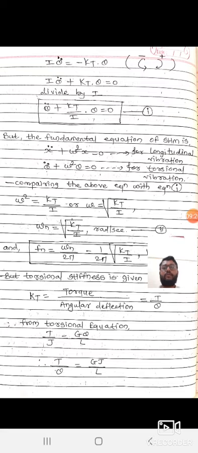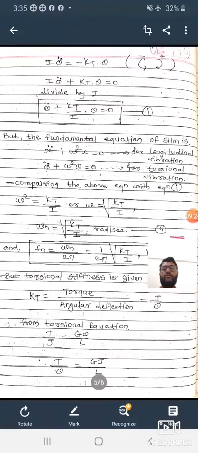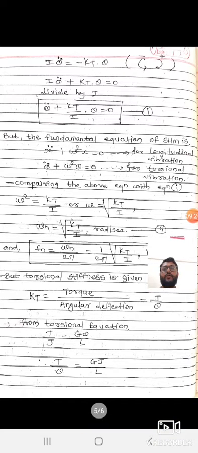We get the equation I theta double dot plus kt theta equal to 0. Dividing this equation by I, we get theta double dot plus kt upon I into theta equal to 0. Denote this as equation number 1.